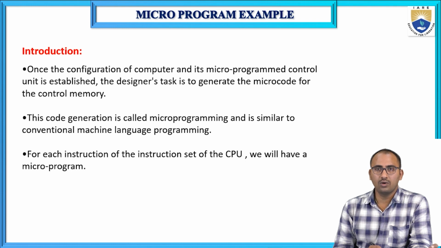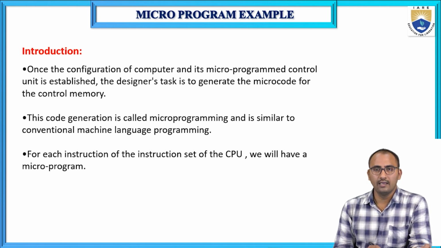In a hardware control unit, the timing and control signals are generated using hardware components like logic gates, encoders, decoders, multiplexers and demultiplexers. So by using this hardware, we generate the timing and control signals.